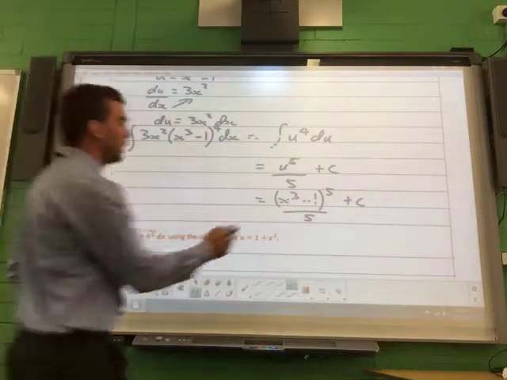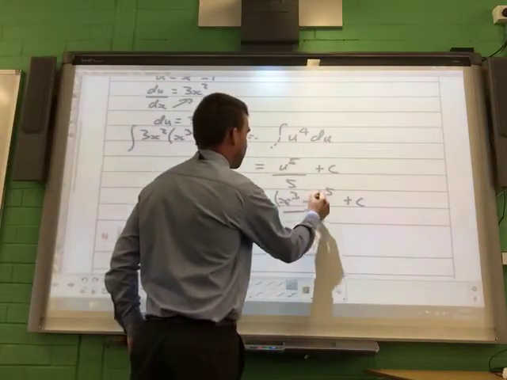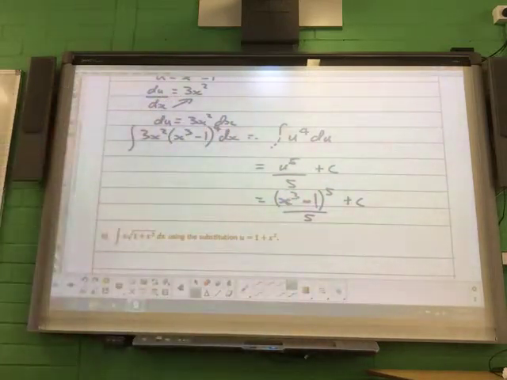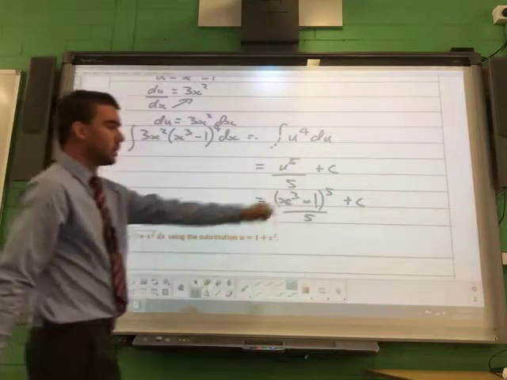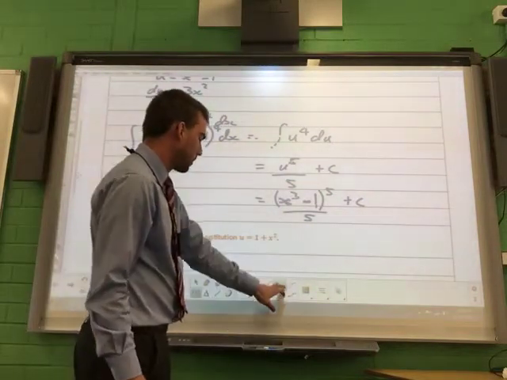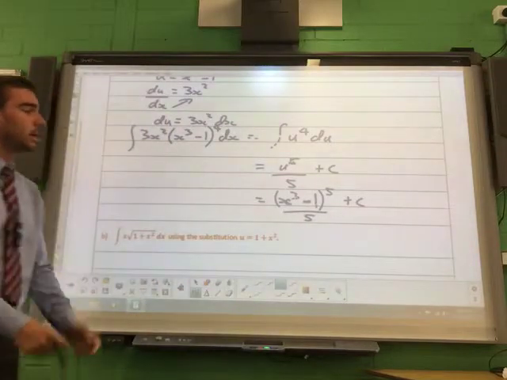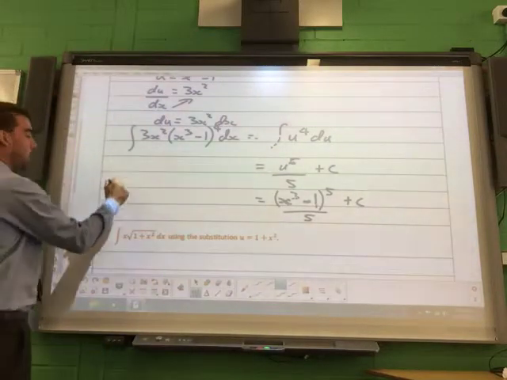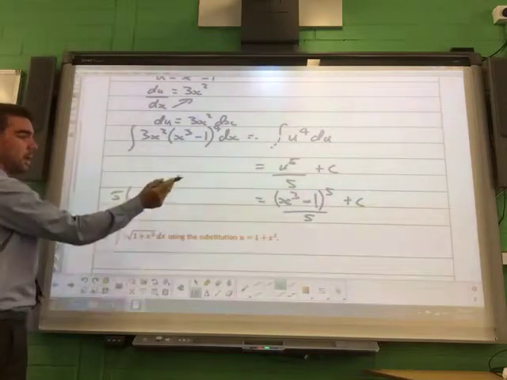Remembering, when we differentiate what we've integrated, we should get the same answer. So let's have a go. We differentiate this: we've got (x cubed take away 1) all to the power of 5 over 5. We do d/dx, so remember we take down the power.